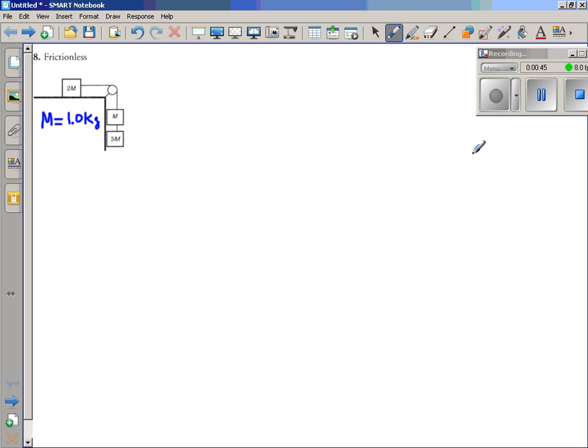Drawing a free body diagram for each of these, I'm going to call this object 1, this object 2, and this object 3. So for object 1, the free body diagram looks like this. We have, of course, the force of gravity of object 1 acting down.